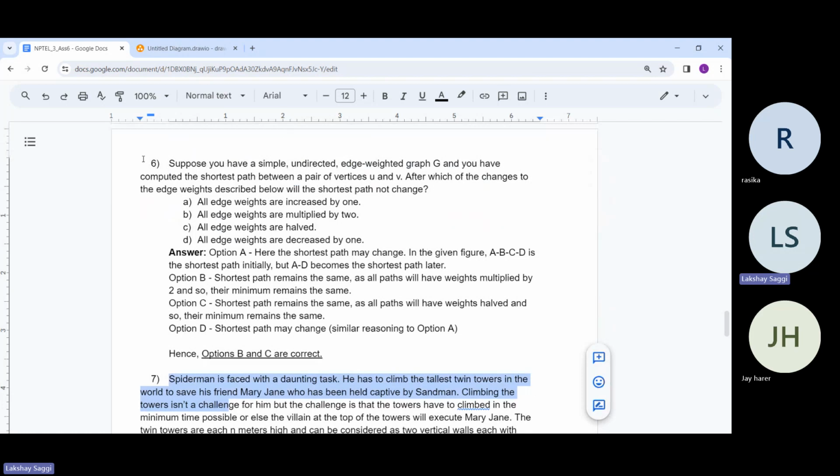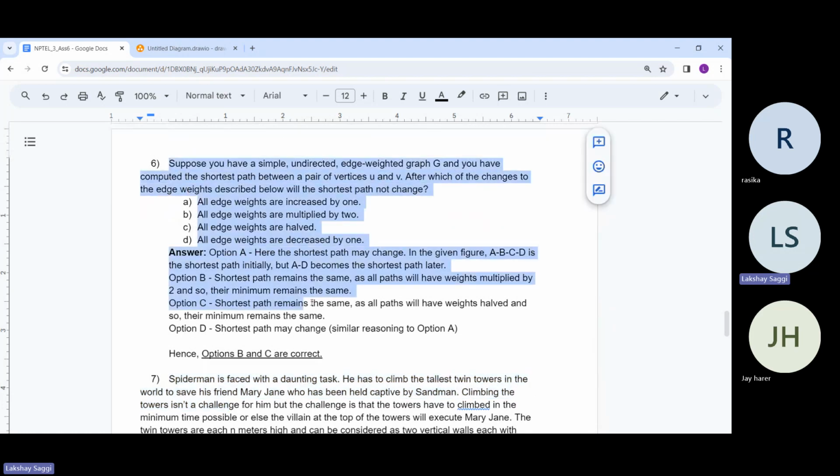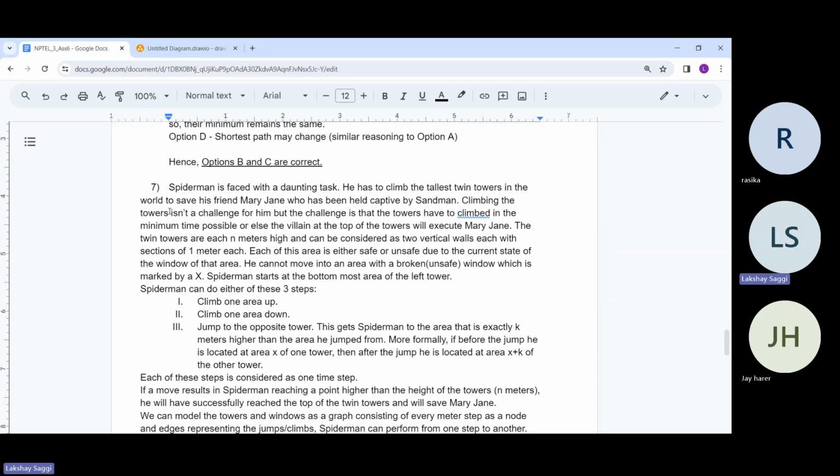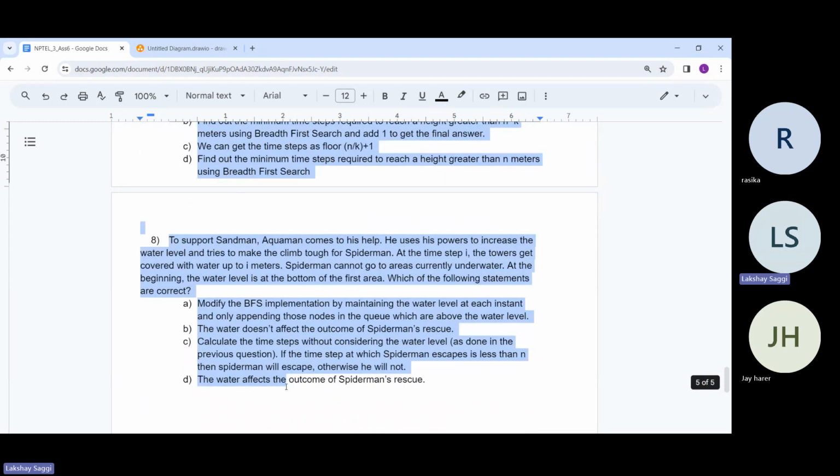I wanted to discuss problem 6 because there you should be able to come up with examples where the shortest path may change in options A and D. That's why I discussed this problem. But I believe in problem 7 and 8, this Spider-Man one, you can check it out in the ungraded assignment. It's not too difficult to answer yourself.